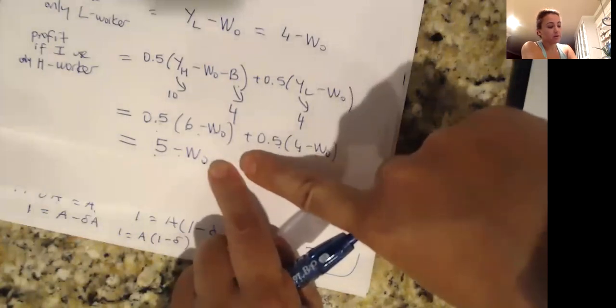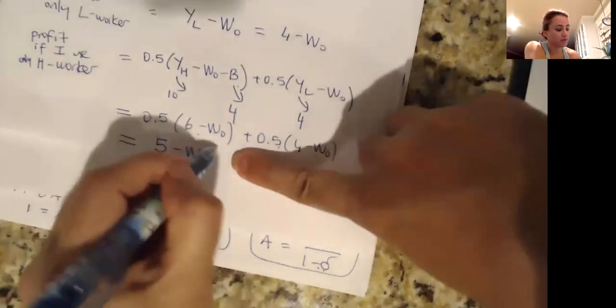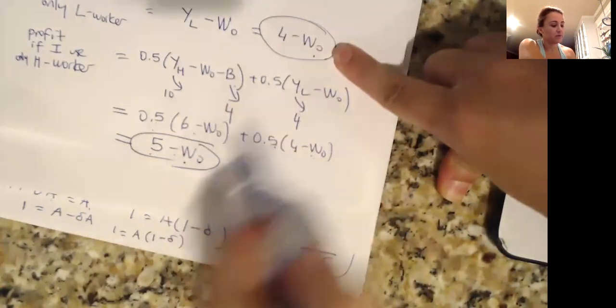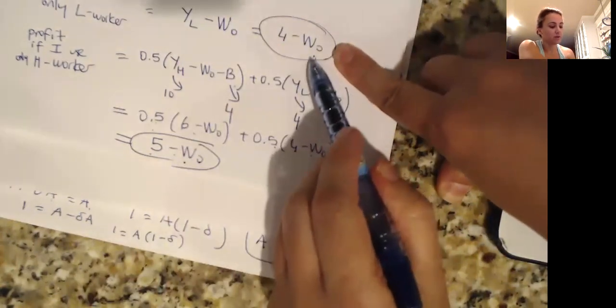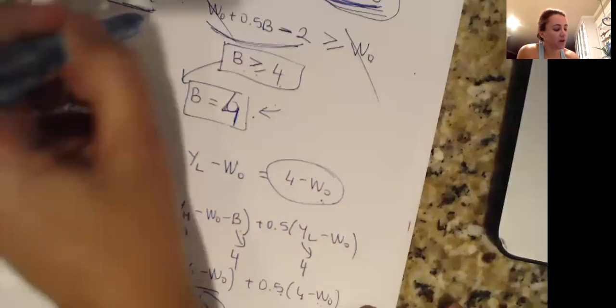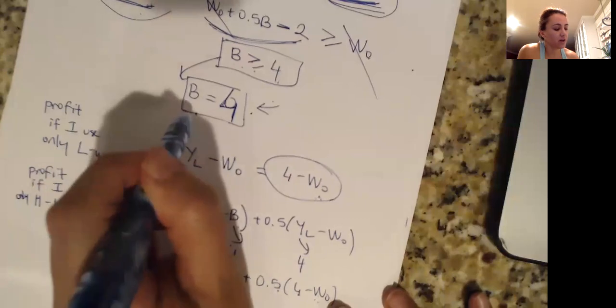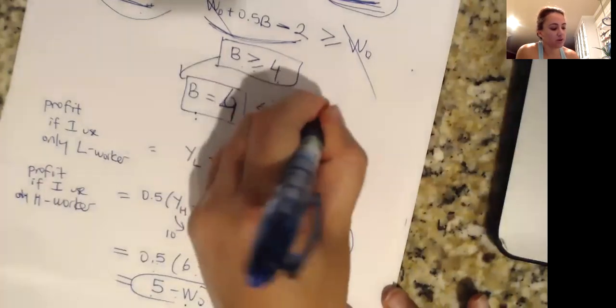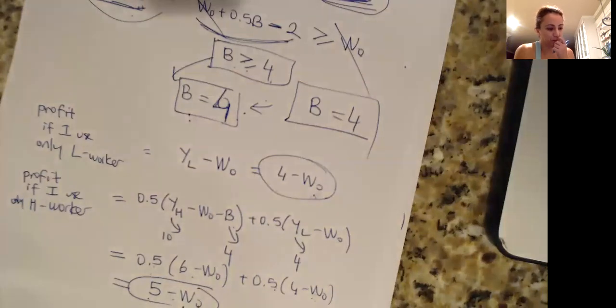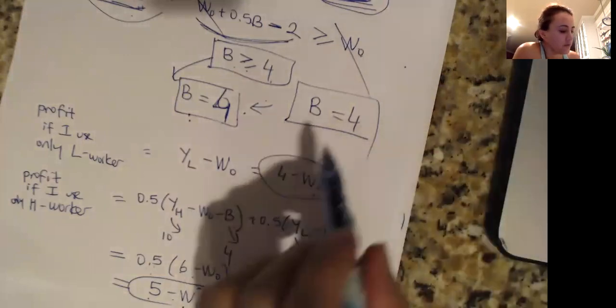Yeah, because your expected profit from an H worker is higher than the expected profit from having a low worker. So we are safe. I want to have an H worker, and I can get the H worker if I set B equal to 4. So we found B.